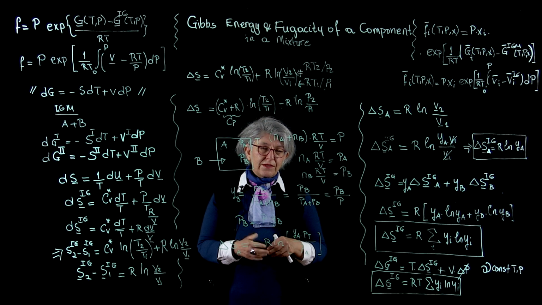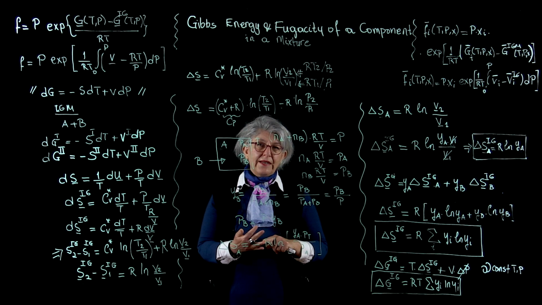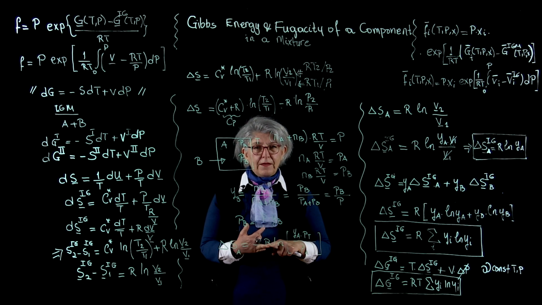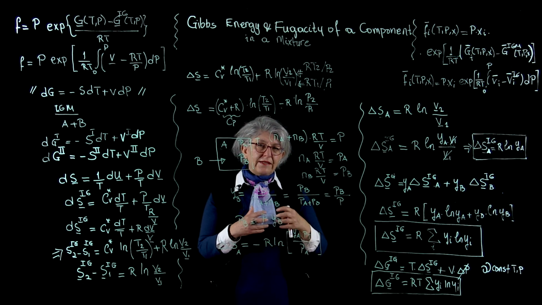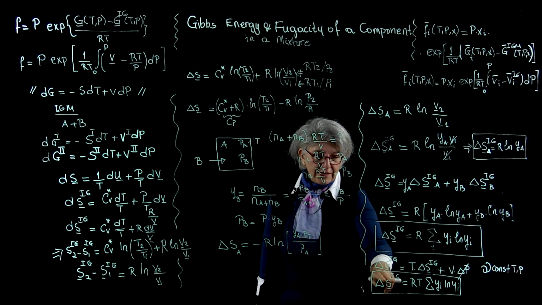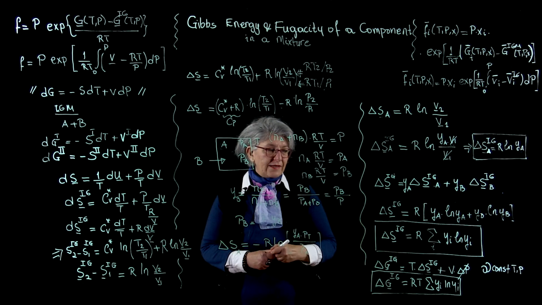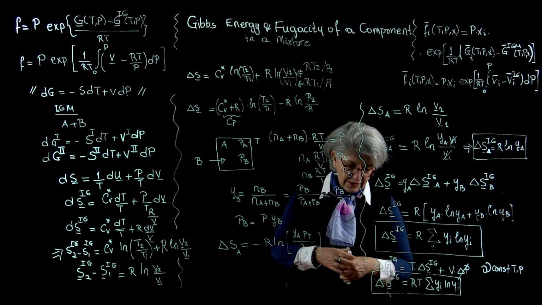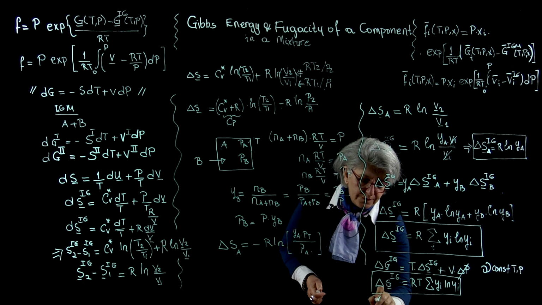Those two energies are Gibbs free energy and Helmholtz free energy. So upon mixing ideal gases, we are going to have changes in entropy and changes in Gibbs free energy. And similarly, we are going to have changes in Helmholtz free energy.